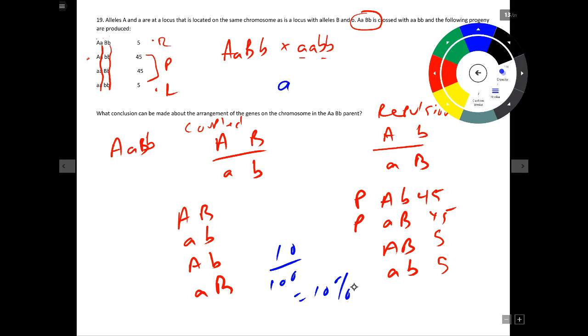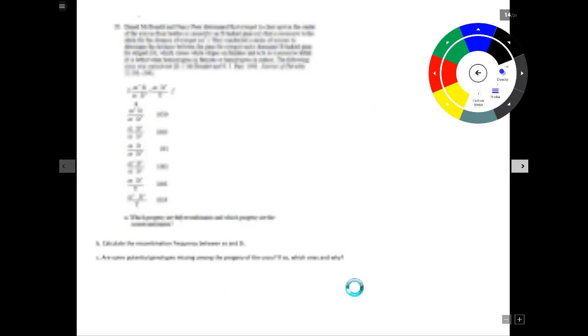We would just say these are 10 map units apart. And it doesn't matter here when you're making your map if you use the big A, the little a, the big B, or the little b. We're saying that the genetic locus is 10 map units apart. And the genetic locus is just called the A locus.